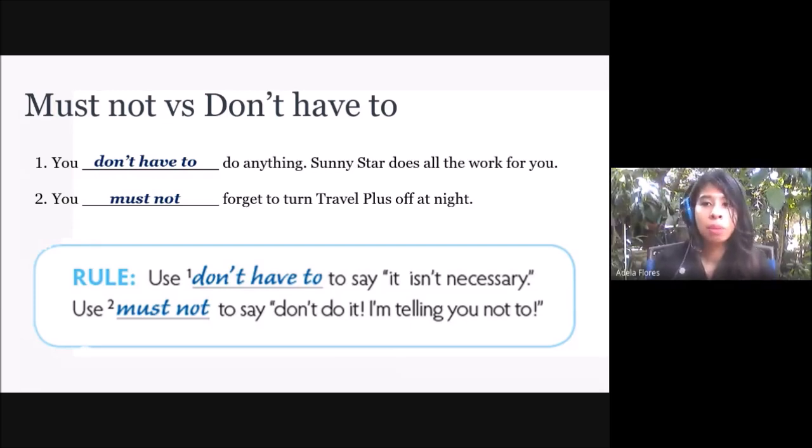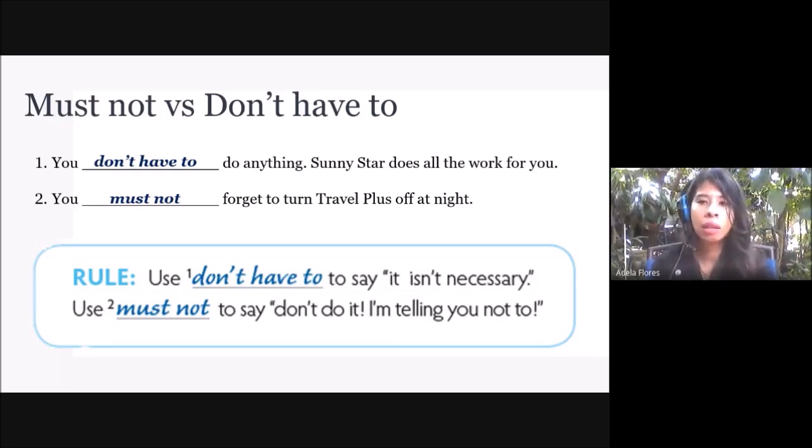Cuando decimos must not, es algo que es más como una orden, como no lo hagas, ¿ok? Como you must not forget to turn Travel Plus off at night. No debes olvidarlo o que no se te vaya a olvidar. Okay, so the translation would be something like that.